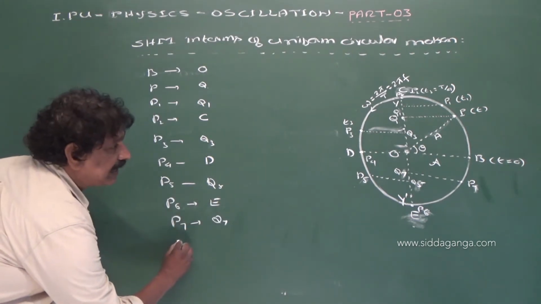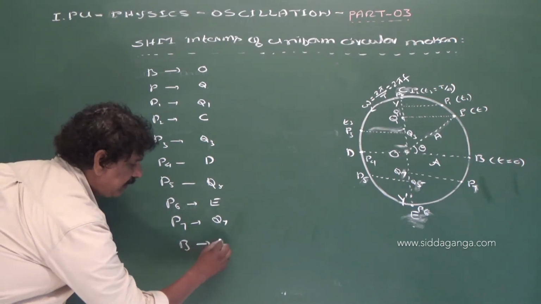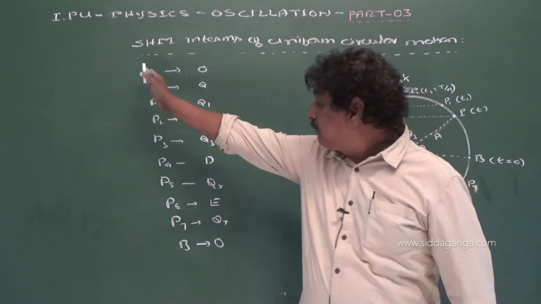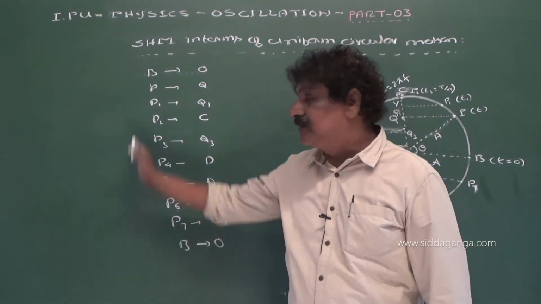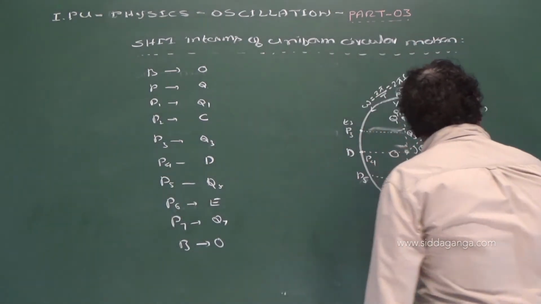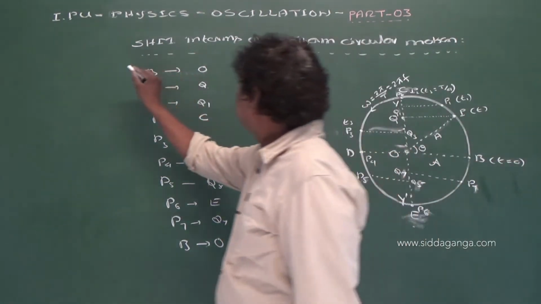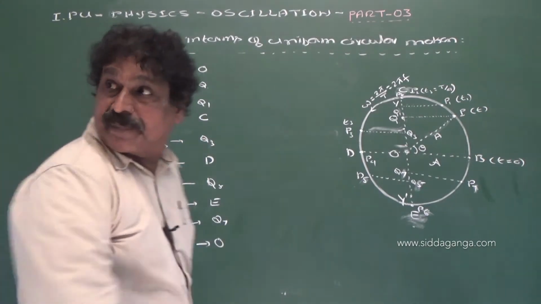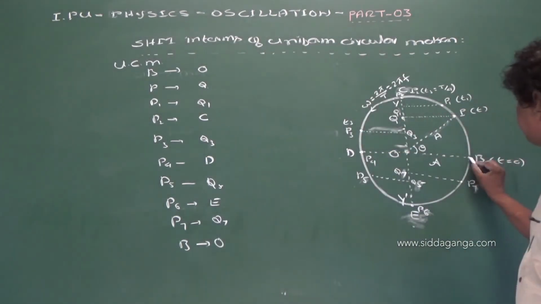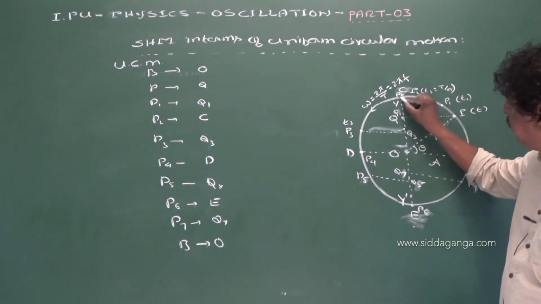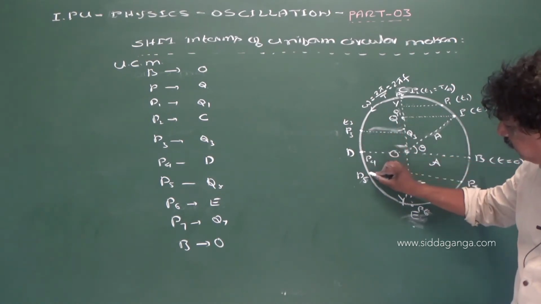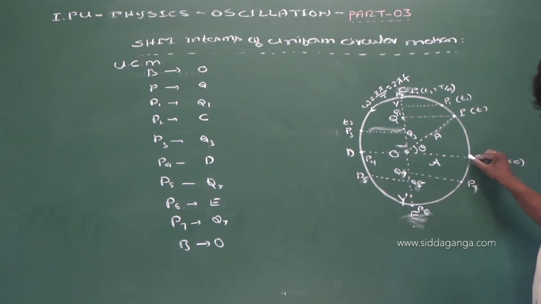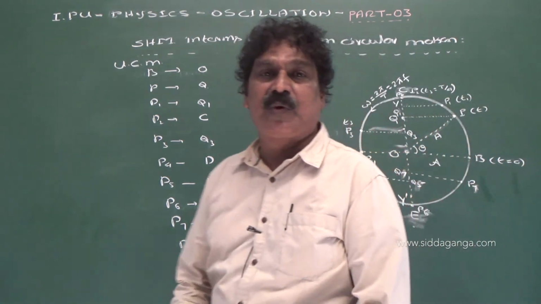Now when the particle is again at B, the foot of the perpendicular is O. See, from B to B represents a uniform circular motion, moving from B, P, P1, P2, P3, P4, P5, P6, P7, B. It is representing uniform circular motion.